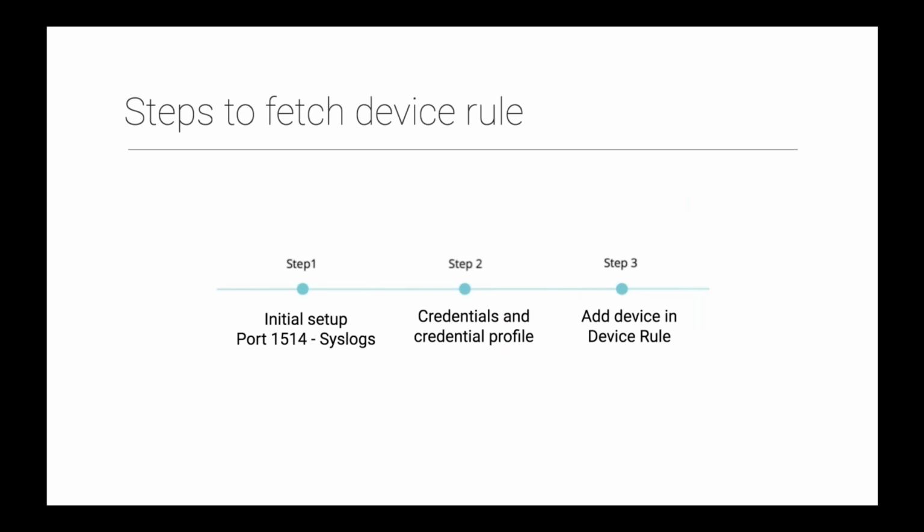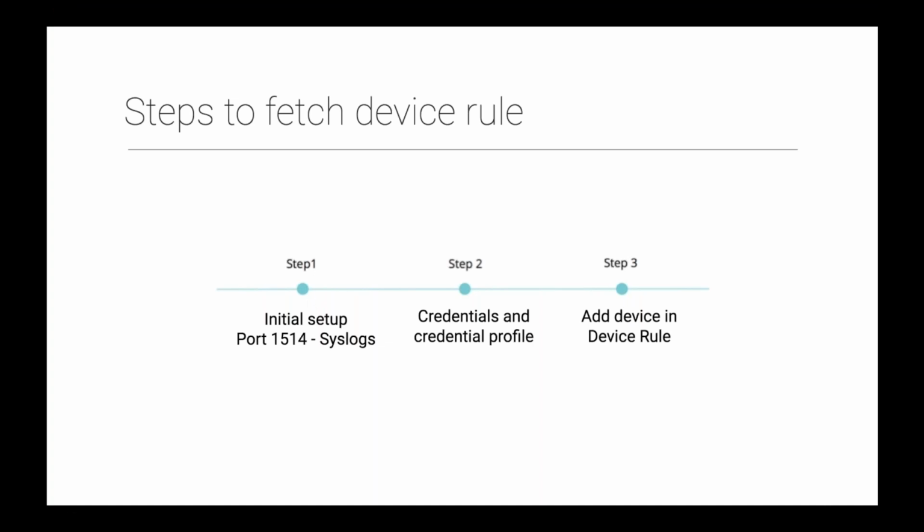Now, let us look at the steps to fetch device rules. Step 1 is to configure your firewall device to generate syslogs at UDP port 1514, which would act as the listener port for Firewall Analyzer.